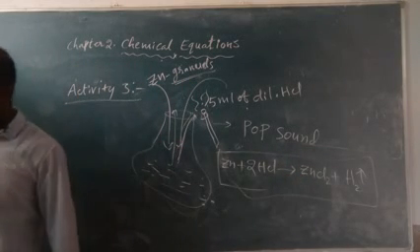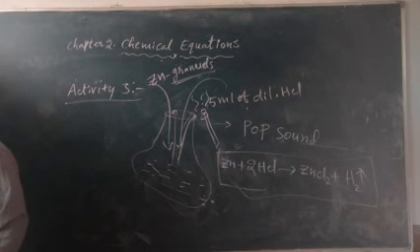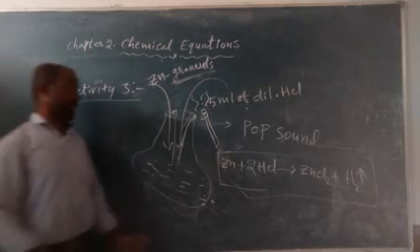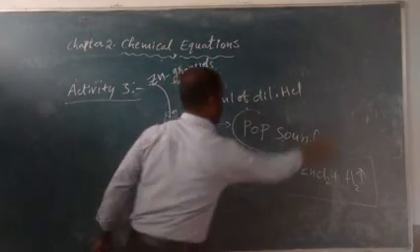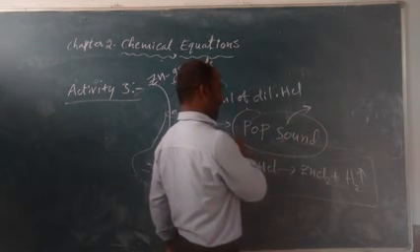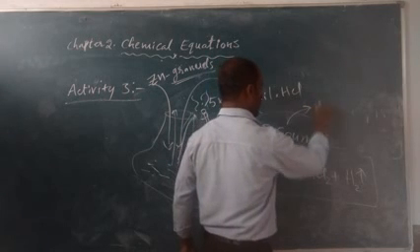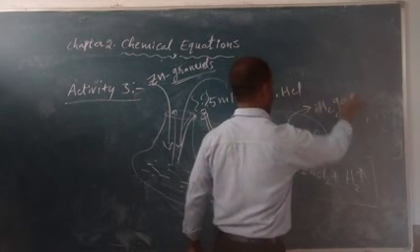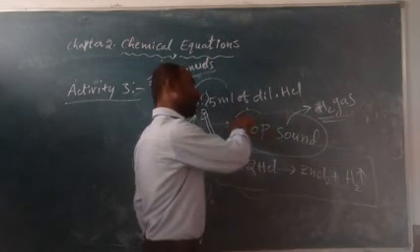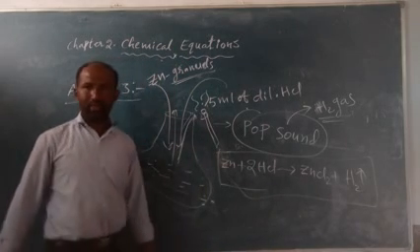How are we going to recognize this hydrogen gas? We recognize the presence of hydrogen gas by the pop sound. The matchstick is put off with a pop sound, which denotes the presence of hydrogen gas. Is it clear now?